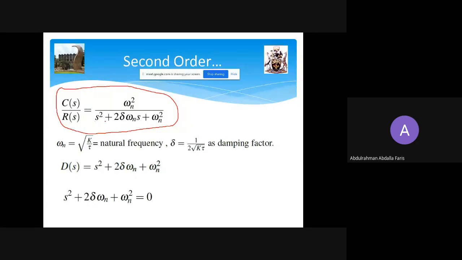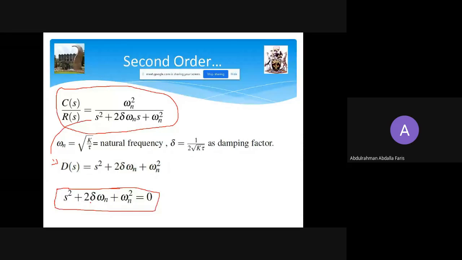This denominator, as we are seeing it here, we call a characteristic polynomial. And when we set this denominator to 0, we call this a characteristic equation. So this is the characteristic equation of a second order system, which has two variables.